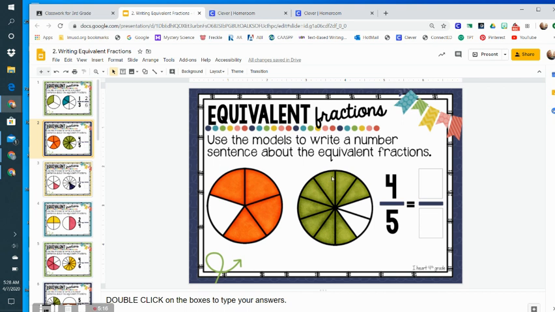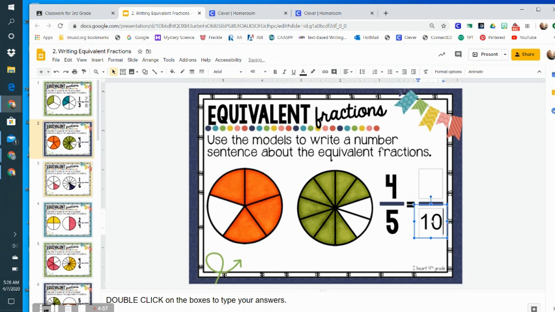So this circle is divided into 10 equal pieces. I have a question for you. Am I going to put 10 as the numerator or the denominator? All right, hopefully you said the denominator.